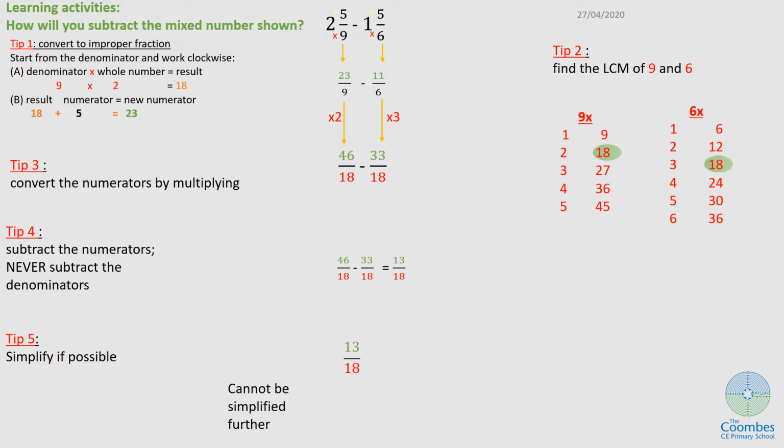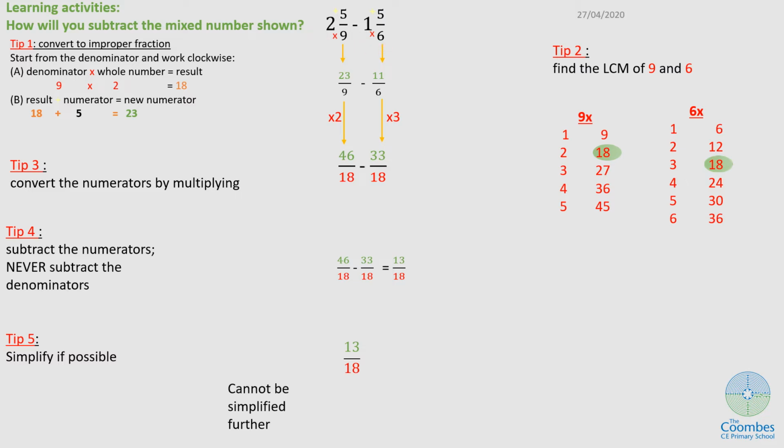So how do we go about subtracting 2 5/9 take away 1 5/6? To do that, first we have to convert the mixed numbers into improper fractions.